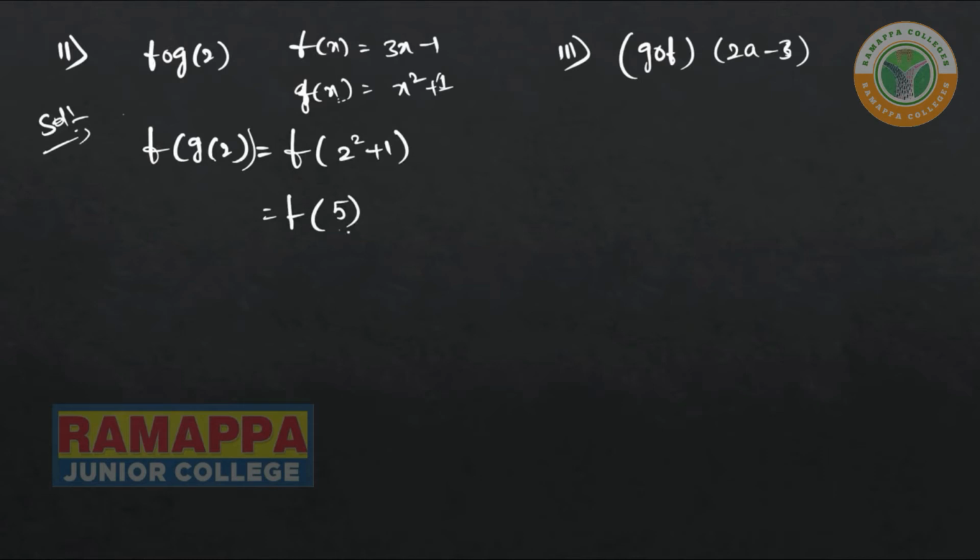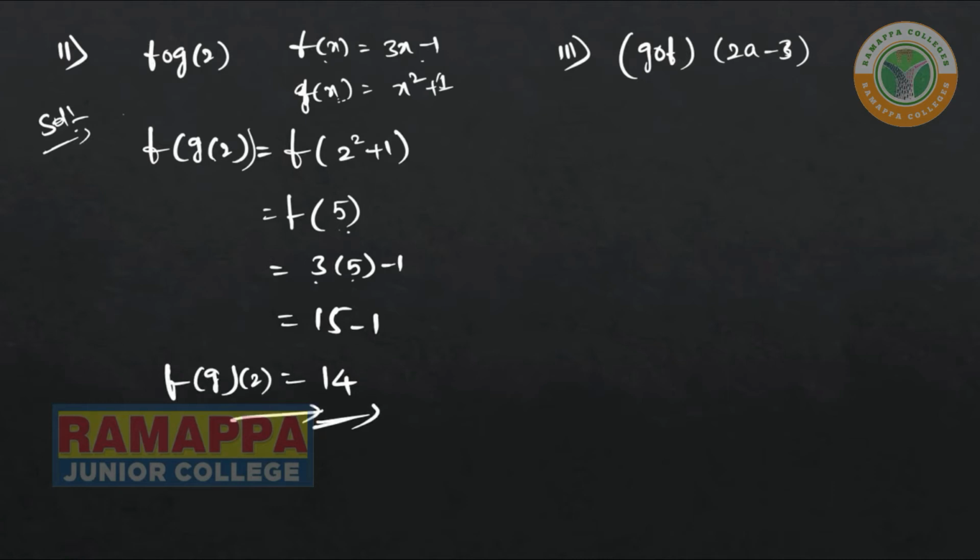So f of 5 we have to substitute in this one: 3 into 5 minus 1, 3 fives are 15, minus 1, it will become 14. So the value of f of g of 2 is 14.